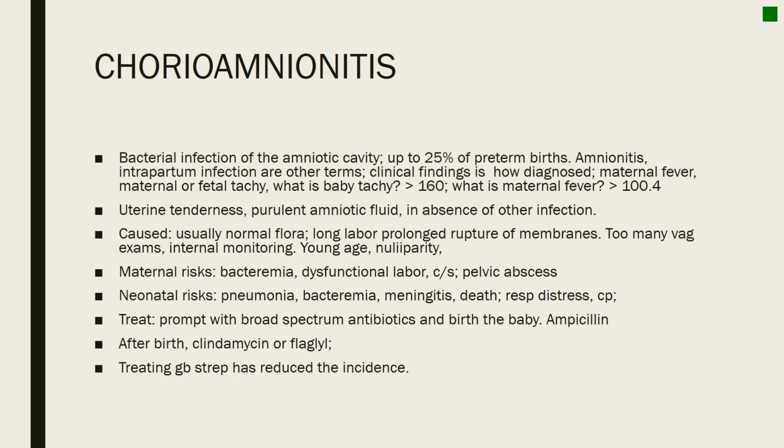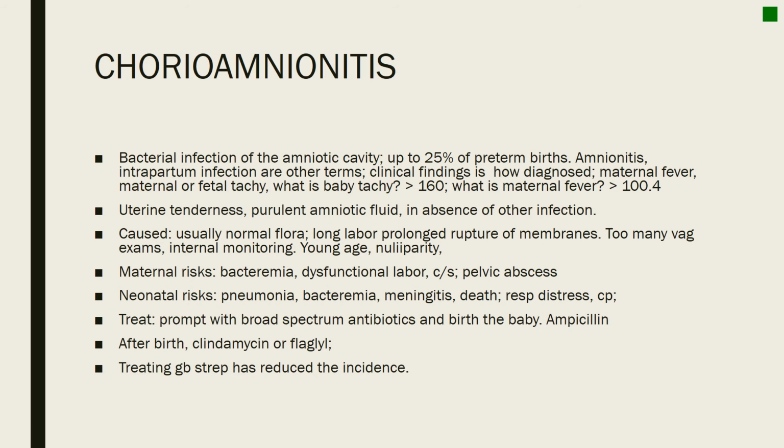This is caused by normal flora because our membranes have been ruptured too long, maybe too many vaginal exams, maybe that internal monitor that we stuck in there. Younger women and first-time moms are more at risk. Maternal risk: bacteremia, dysfunctional labor, may end up with a C-section, pelvic abscess.